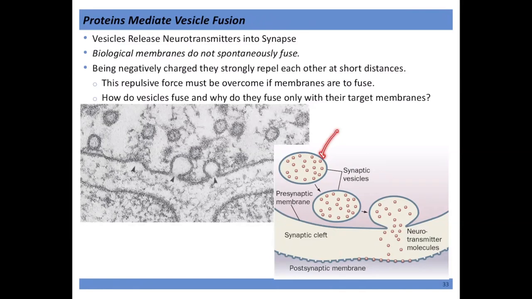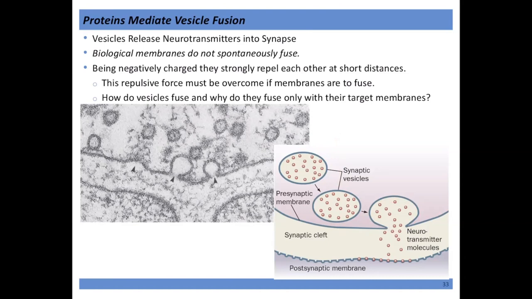So this is a little bit different because we're not packaging proteins, but the same type of idea is that we can package material inside of a lipid-bound membrane. And that lipid membrane can bind to the cell membrane. And when it does, it will release its contents outside of the cell.